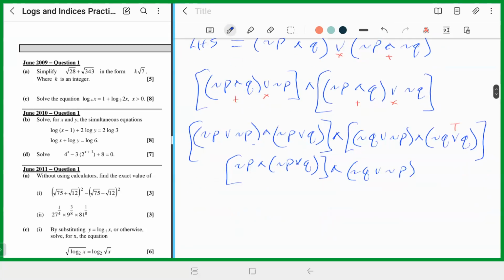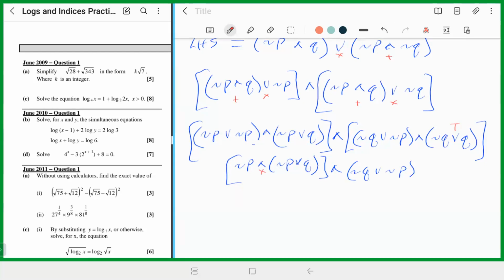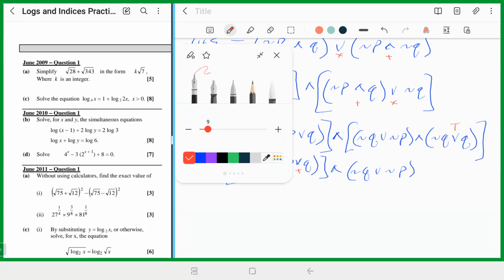All right. We're going to expand this out now and see what we get. Treat this out here like a plus, like a multiply, treat this like a plus. So we're going to expand that out.